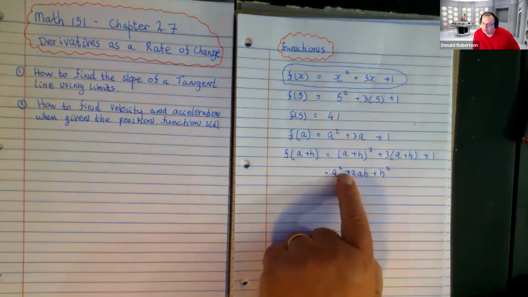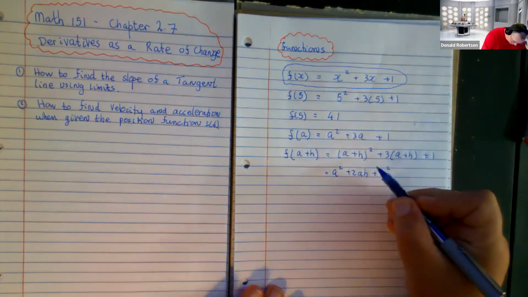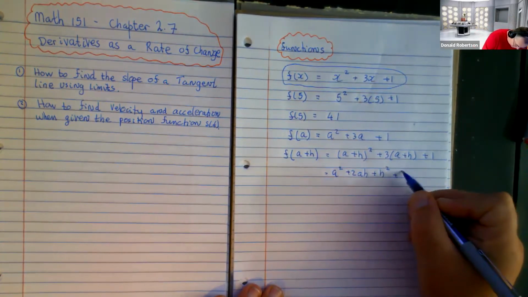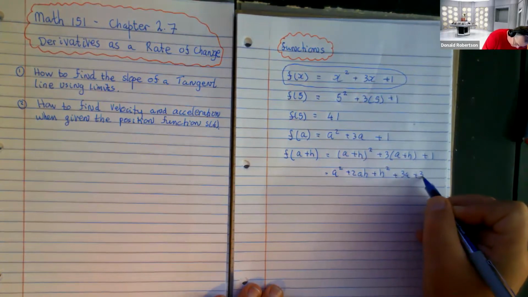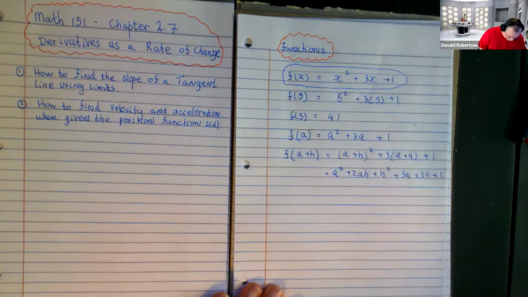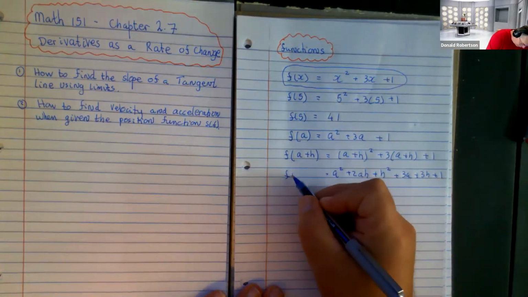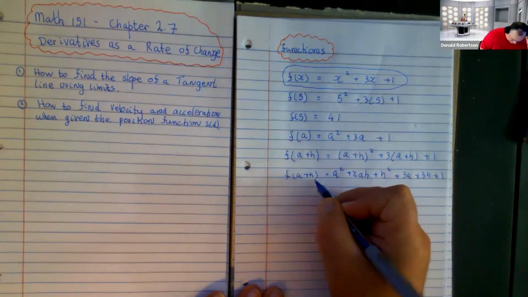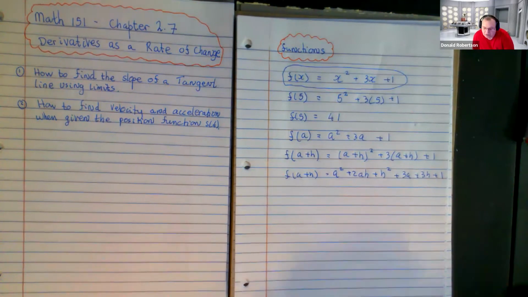You notice there's a middle term. That's very common for people to miss that. Then 3 lots of a, 3 lots of h, plus 1. Shouldn't you collect like terms and make it look prettier? But from what I can see, aren't all of those terms slightly different from all the other ones? So that's pretty much as good as that's going to get.